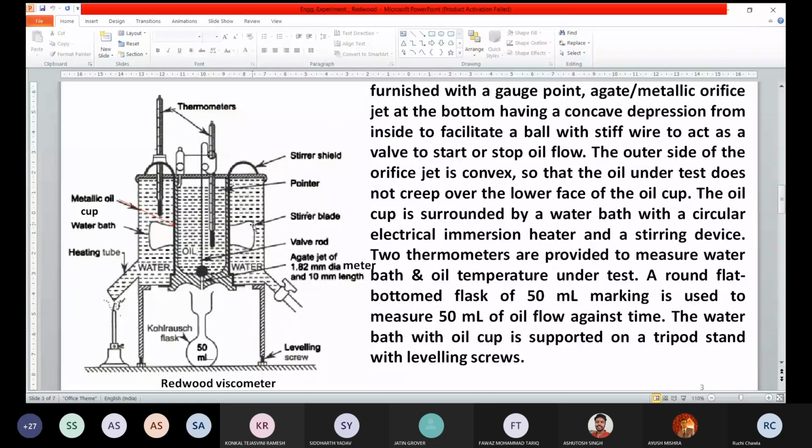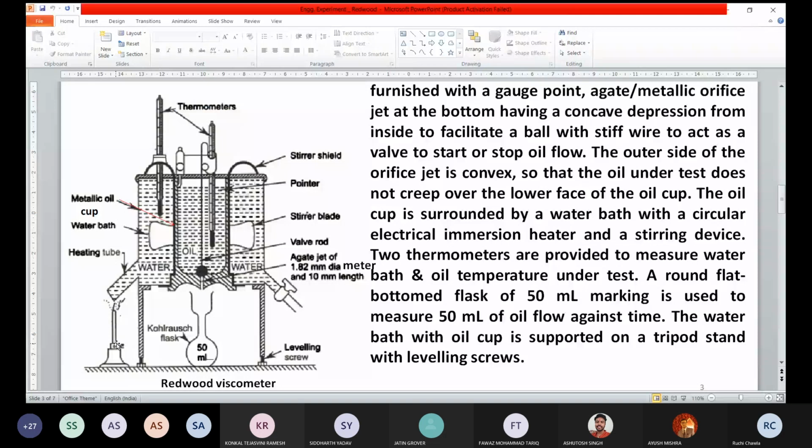There are two thermometers which will be recording the temperature of the oil and water bath separately. In the figure, the heating has been shown with the help of a burner, but in the apparatus that you use in the laboratory, the heating is conducted with the help of electricity. Electrical heating is done and a rheostat is involved. So heating will be done that way.